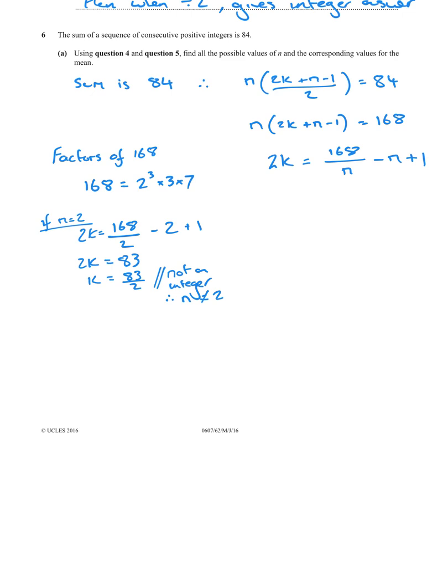So if n equals 3, let's go through the process again. 2k equals 168 over 3, take away 3 plus 1, which is equal to 54. So 2k equals 54.